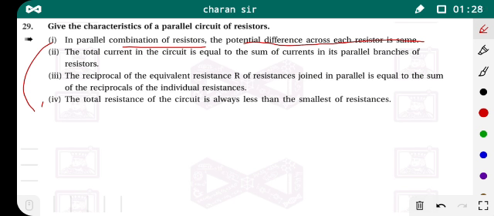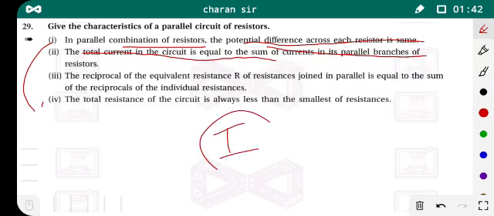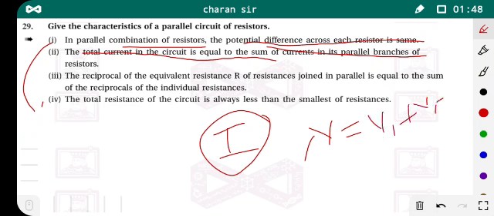Second, the total current in the circuit is equal to the sum of the currents in the parallel branches of the resistors. This is exactly opposite to the series connection. In series connection, the current is equal in the circuit and the voltage is the summation of the voltage across each resistor.